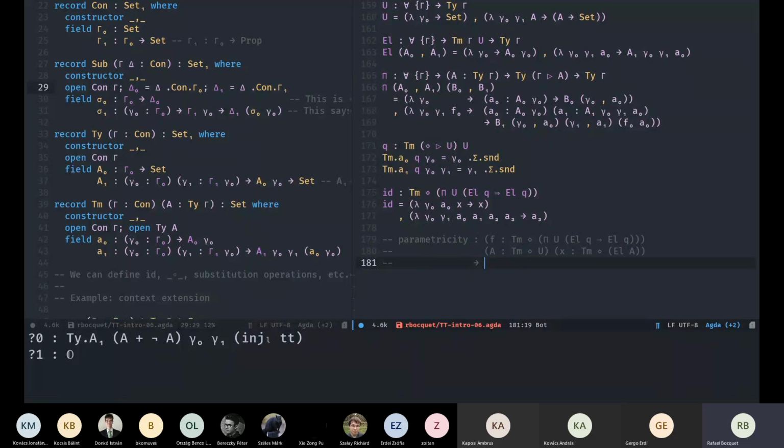Then we can at least prove something like the application of this function f to A and x. So if you apply f to A and x, and we only look at the first components, this will be the same as the first component of x.